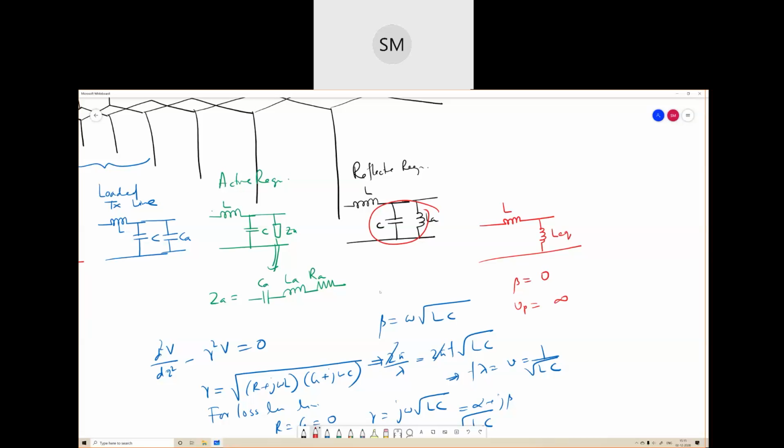So this is another reason why no significant radiation takes place from the inductive zones. Is it okay? We'll continue after this in the second session. Time is almost over.